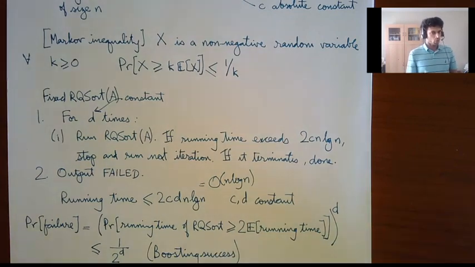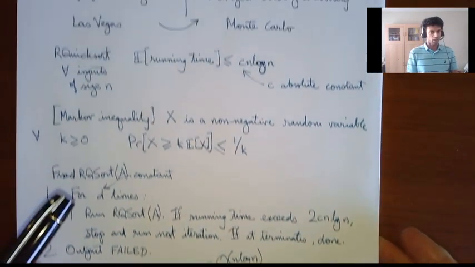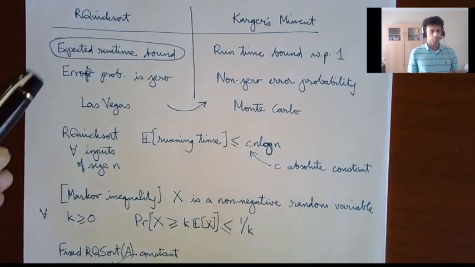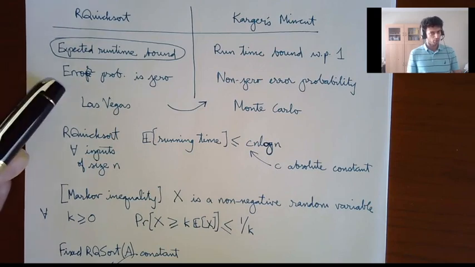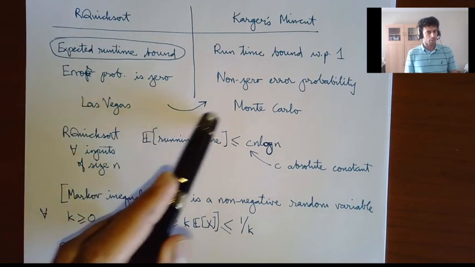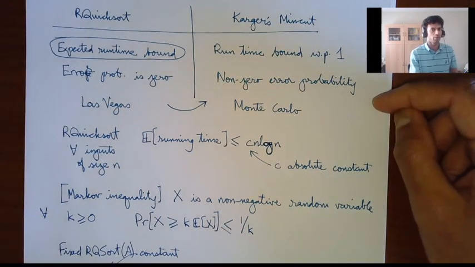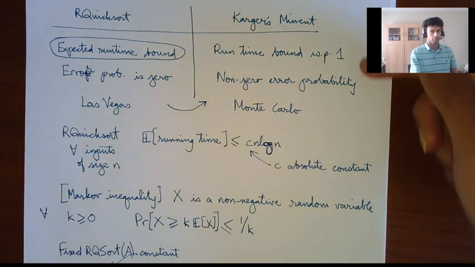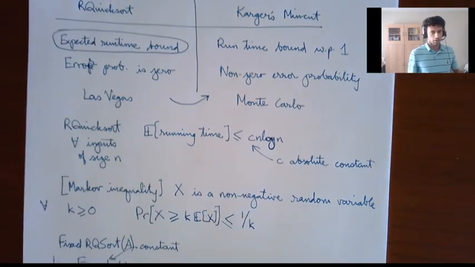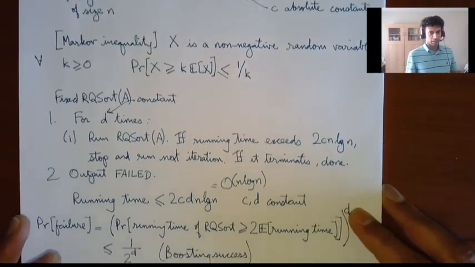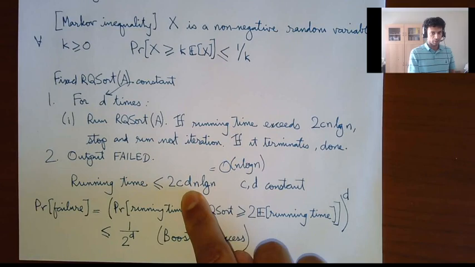So with the Markov inequality, you can start with a Las Vegas algorithm, which has an expected runtime bound but 0 error probability. And you can convert it into one whose runtime bound is fixed, but now it has a non-zero error probability, and there is a trade-off between these parameters. The trade-off over here is essentially given by the d that is here.